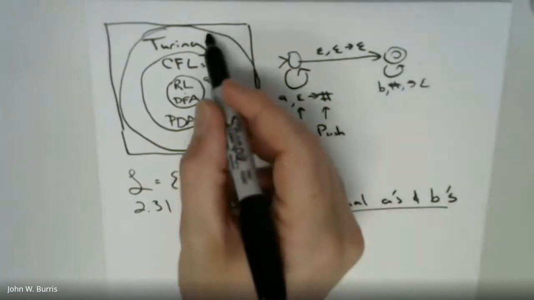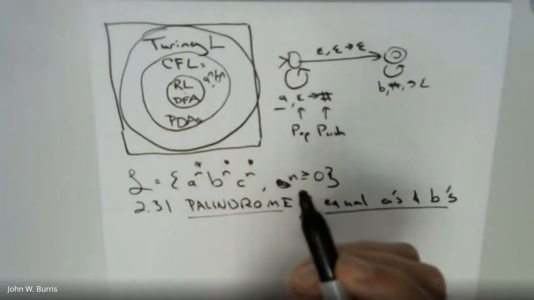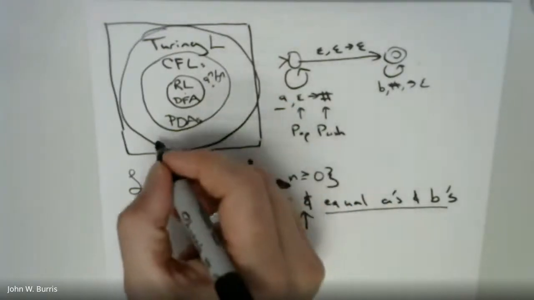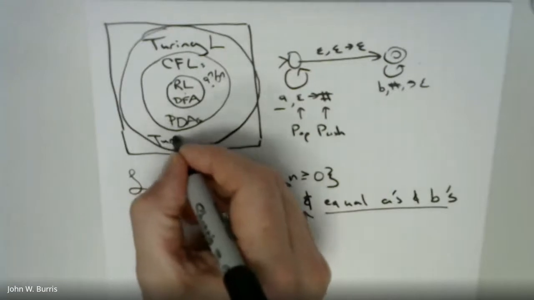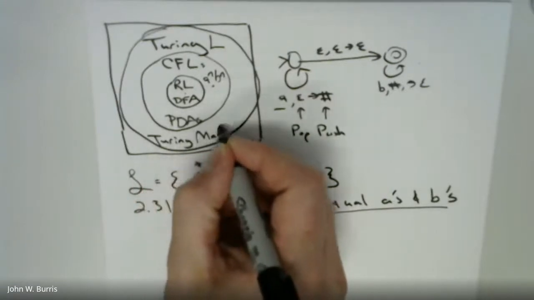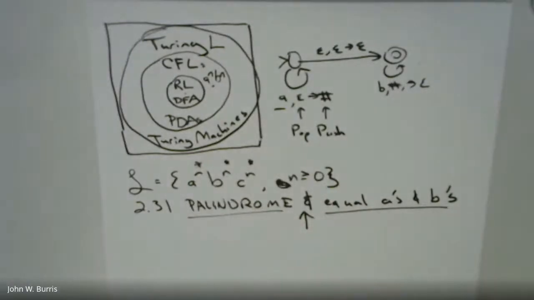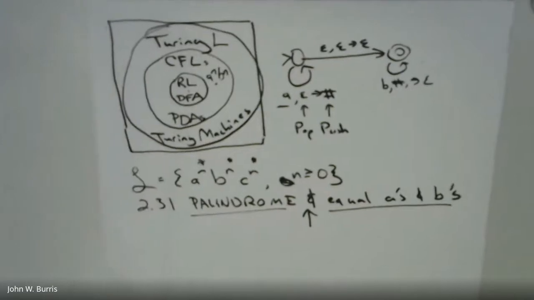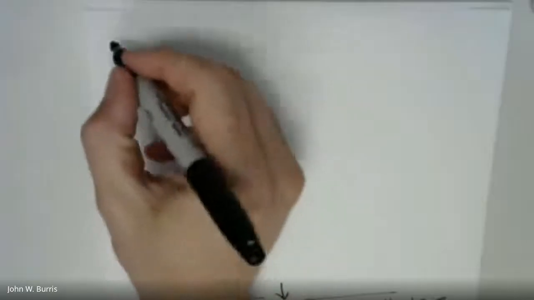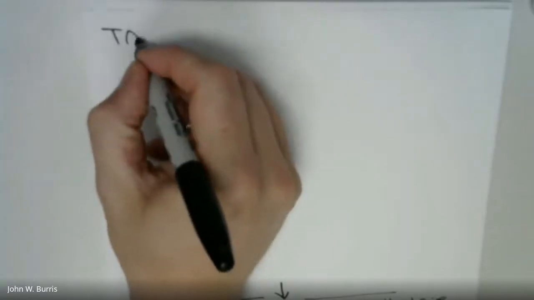For right now, we're just going to call this the Turing languages. And for this, we have Turing machines. These Turing machines are extremely, extremely powerful. In fact, they are in every way equivalent to your computer.